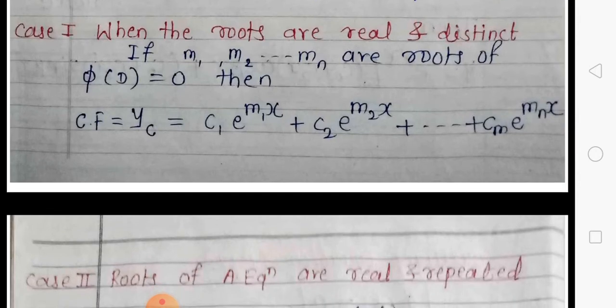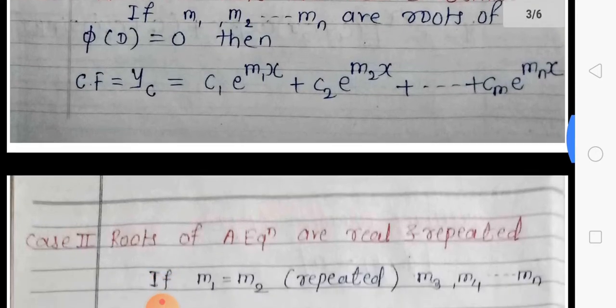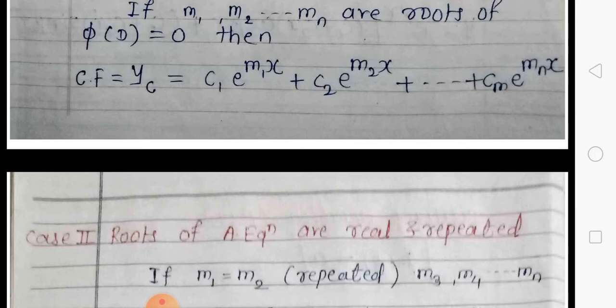If the roots of the equation are real and distinct, and we consider m1, m2 up to mn as roots of phi of D equal to 0, then the complementary function is yc is equal to c1 e raised to m1x, that is c1 e raised to first root into x, plus c2 e raised to m2 x, that is c2 e raised to second root into x, up to cn e raised to mn x.